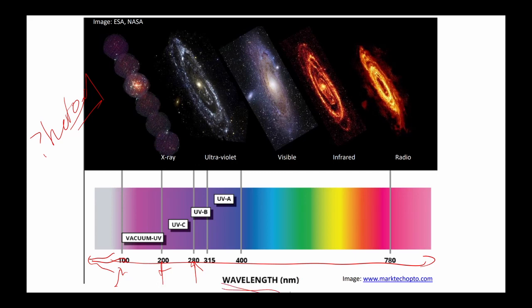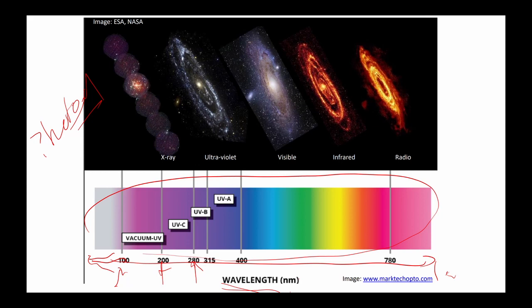From, let us say, 1 nanometer to around 1 micron, this is what is shown in this spectrum. It is the visible range of the light that we can see. Because of that we can see that this is a black pen, and there are different colors.